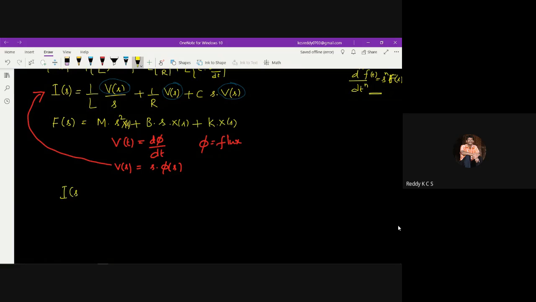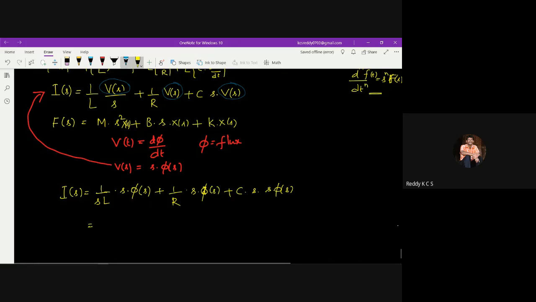So I of s is equal to 1 by s into L, into V of s, which is s into pi of s, plus 1 by R into s into pi of s, plus C s into pi of s. So now if you rewrite the terms, if you look at this, s and s will be cancelled out.